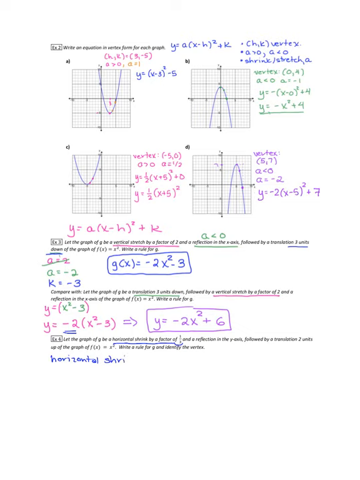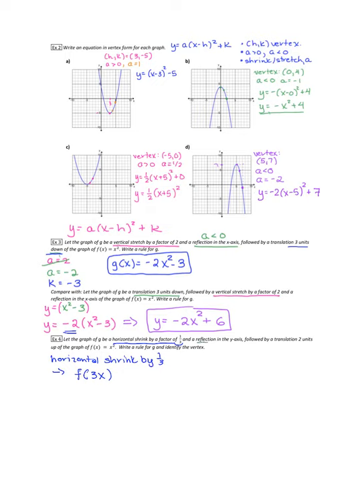Horizontal shrink by 1/3 is actually going to be, again, inside the parentheses, f of 3x. You always write the opposite. Just like if I was going to the left, I would write it as a plus, and if I went to the right, I write it as a negative if it's a translation. Well, you're going to do the reciprocal for the dilations as well.